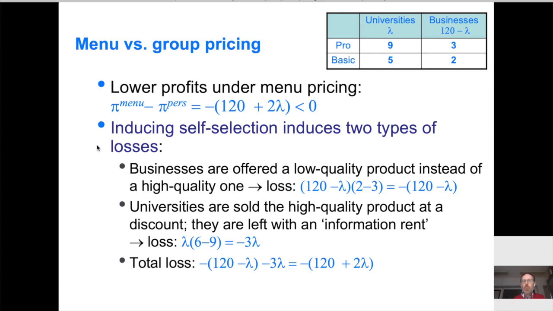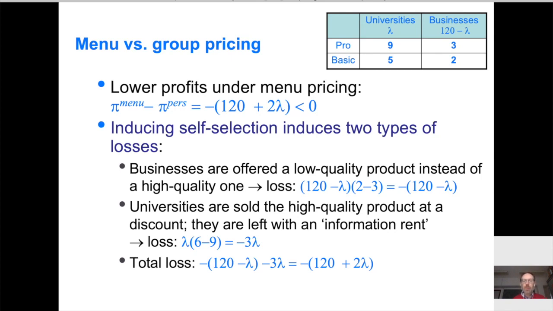Actually, there are two types of losses. First of all, the businesses now are offered the low quality product instead of the high quality product. Remember, the seller had to introduce this basic version on the market in order to induce the self-selection of the two categories of consumers, right?